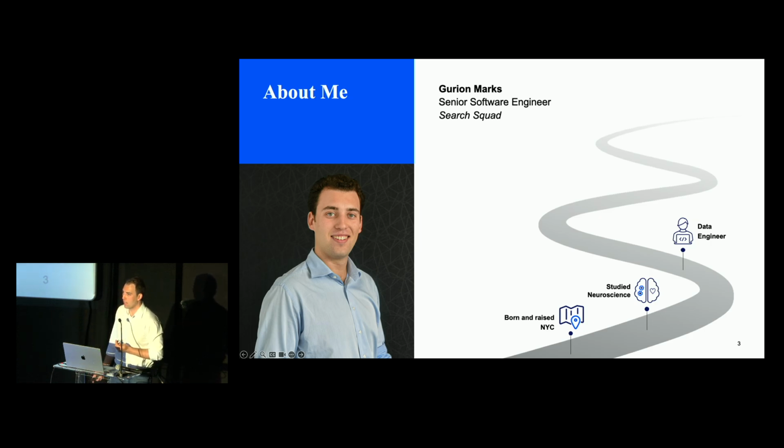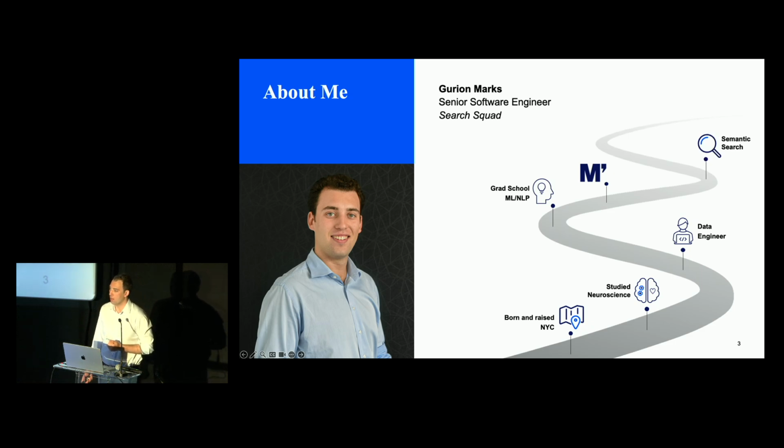And after a couple of years of that, I wanted to go back to my roots a little bit more in data science and machine learning, and I went back to grad school, where I focused mainly in ML, NLP, and traditional methods. Shortly thereafter, I started at Moody's, which has been an amazing time so far, mainly because I got to help start our semantic search project.